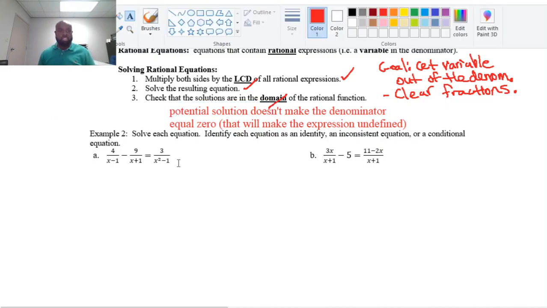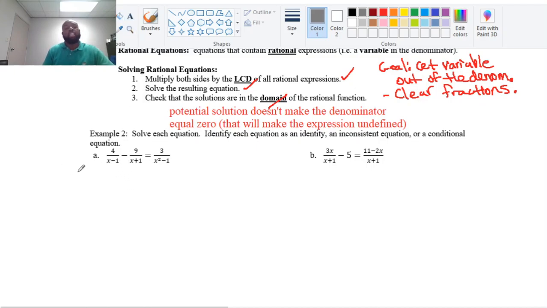And so let's look at some examples of where we solve these equations here. To solve each equation, identify each equation as an identity, inconsistent equation, or a conditional equation. Let's look at this first example. I have 4 over x minus 1 minus 9 over x plus 1, and that equals 3 over x squared minus 1. I'm going to find the LCD, because I see a variable in my denominator.